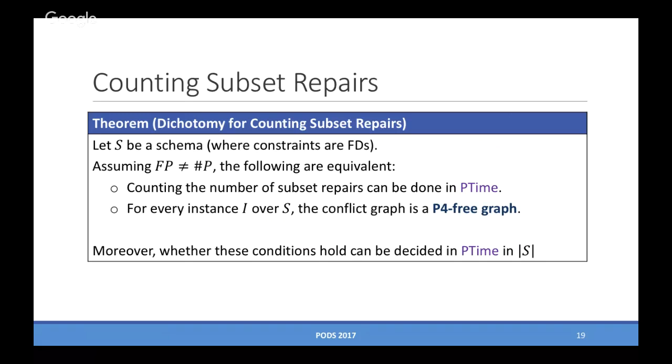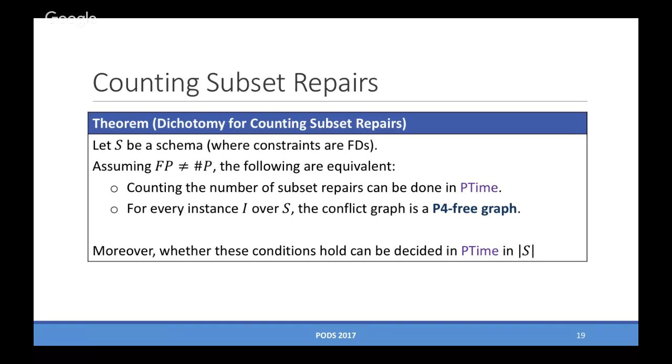So suppose that we have a schema with functional dependencies, then counting the number of subset repairs can be done in polynomial time if and only if, for every instance over the schema, the conflict graph is a P4 free graph. Okay, and we can actually decide if this is the case, if these conditions hold, in polynomial time for every given schema.